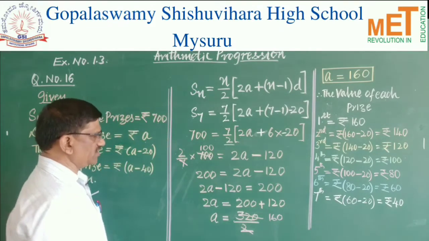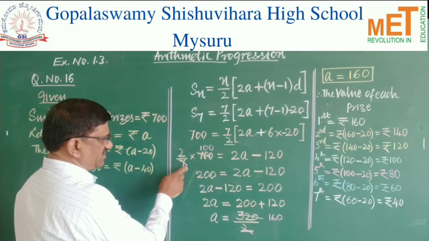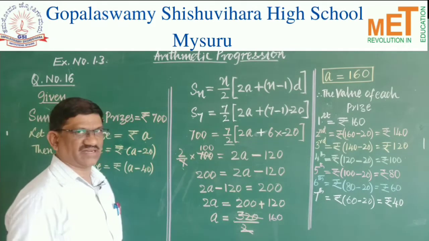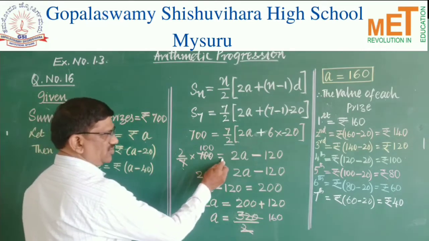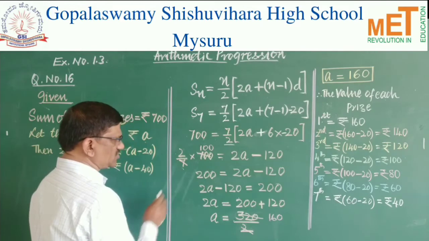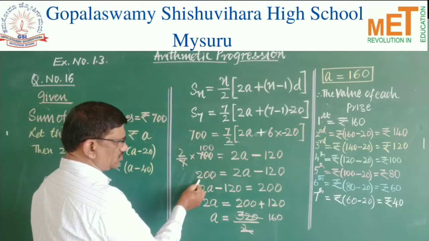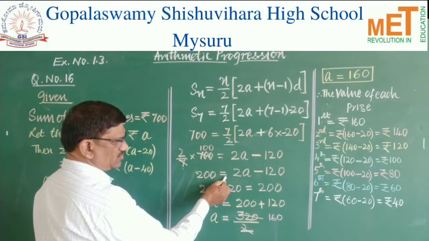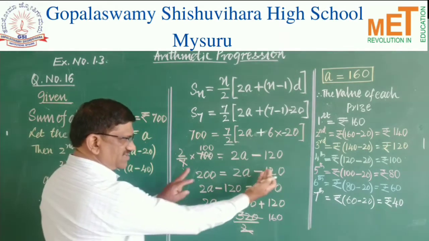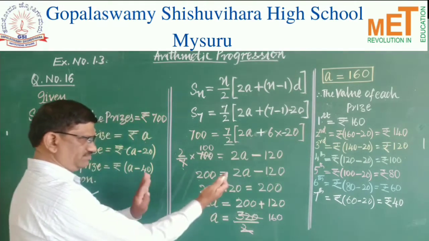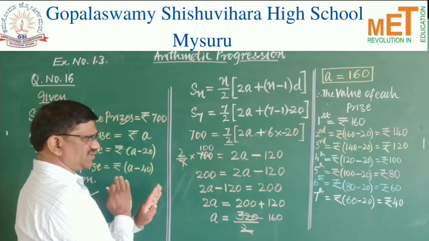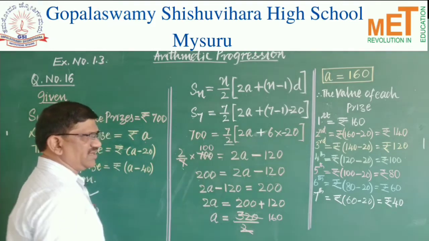Here, 7 ones are 7, 7 hundreds are 700, so 700 divided by 7 is 100, and 2 into 100 is equal to 200, which is equal to 2a minus 120. I will reverse this order, meaning the right hand side I will write on the left hand side and the left hand side on the right hand side.